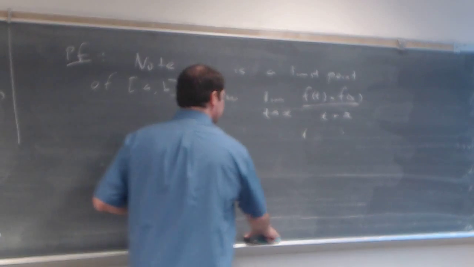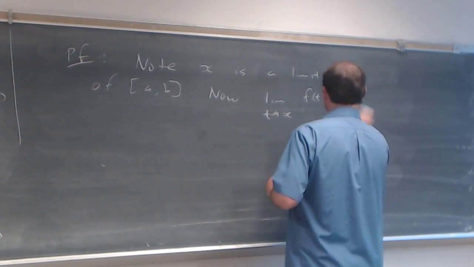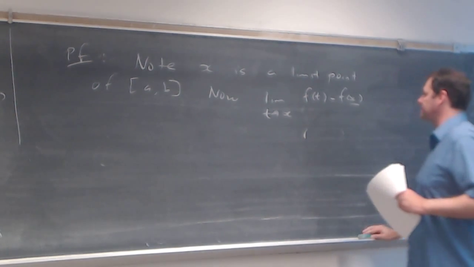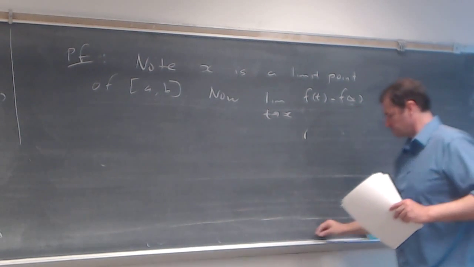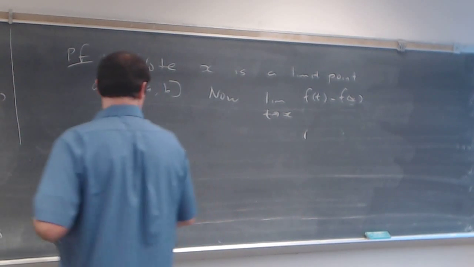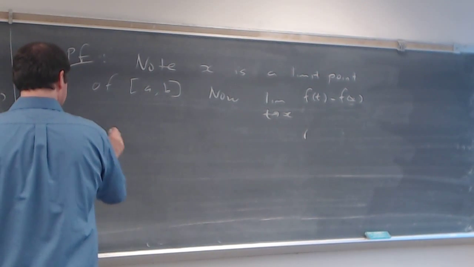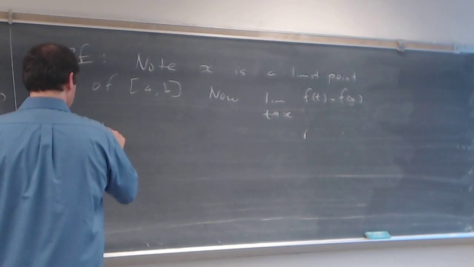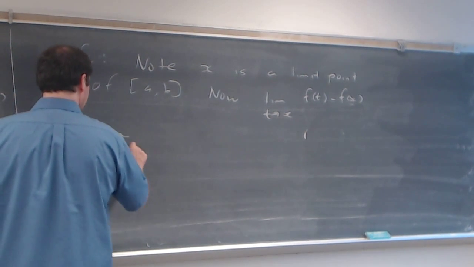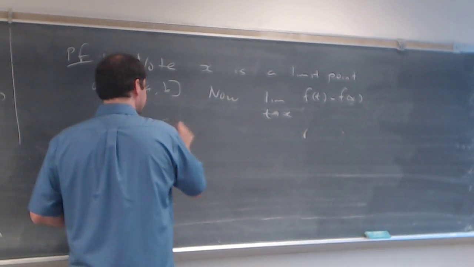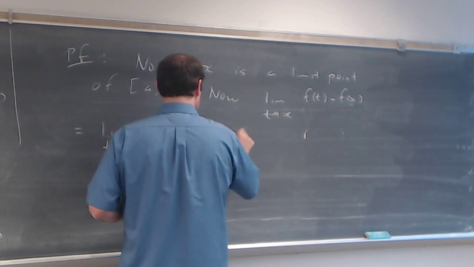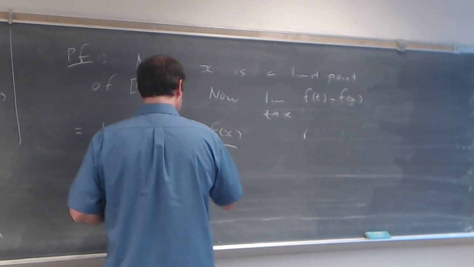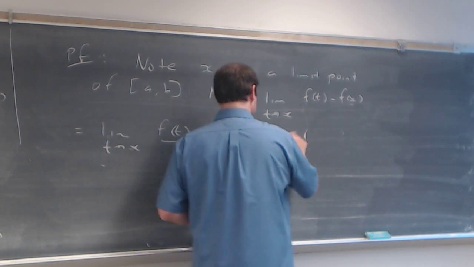I'm sorry. Let us look just at this. The limit as t goes to x of f of t minus f of x. Now that's equal to the limit as t goes to x of f of t minus f of x all over t minus x times t minus x.